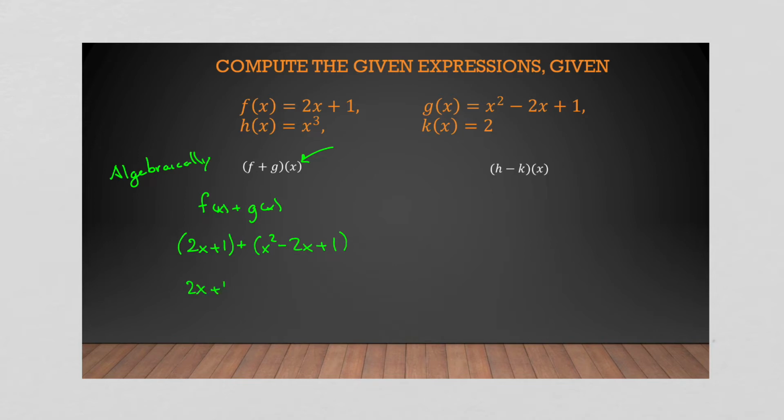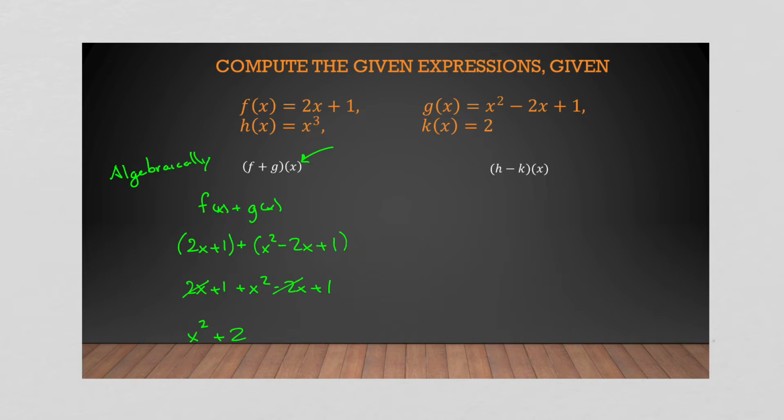So 2x plus 1 plus x squared minus 2x plus 1: x squared, the 2x's cancel, plus 2. So there is our simplification of f of x plus g of x, if we're given those two functions from our list of functions there, okay?